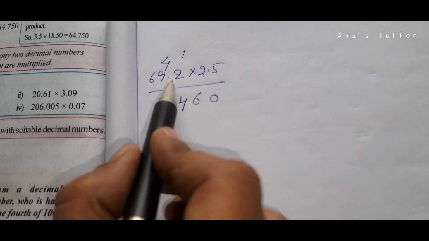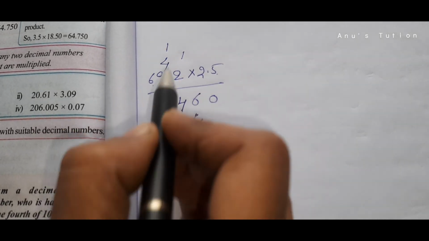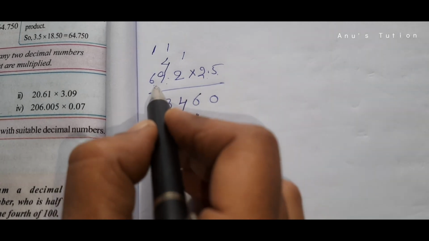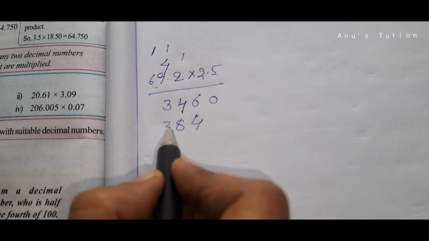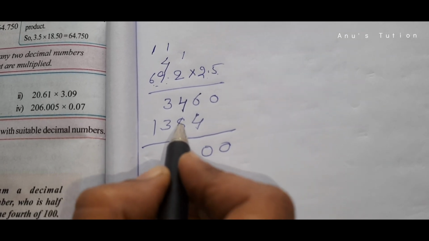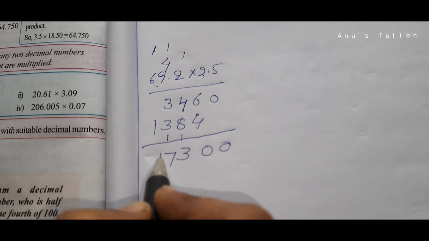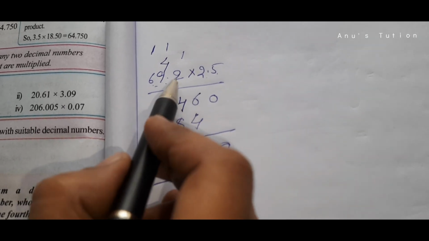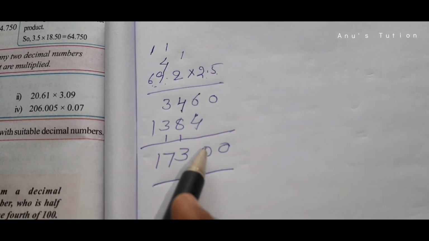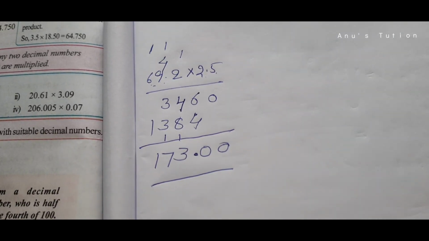Okay, next 2 twos are 4. 2 nines are 18. 2 sixes are 12, 12 plus 1, 13. There are 2 digits to the right of the decimal point, 1 and 2.